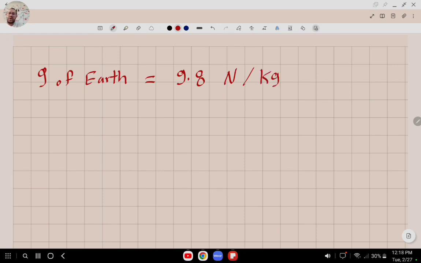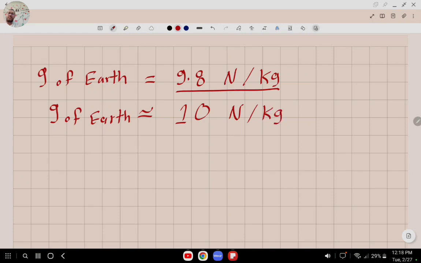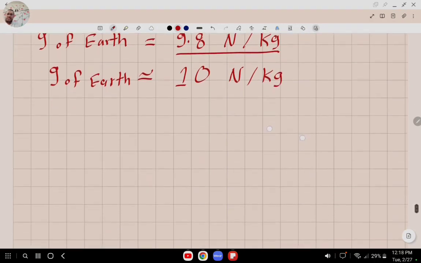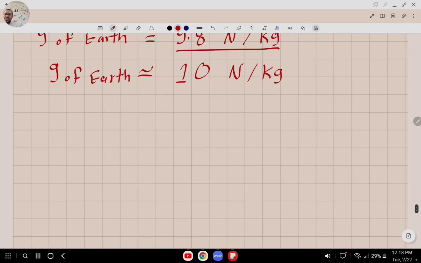The G of the Earth, or the acceleration of the Earth, equals 9.8 Newton per kilogram. You can consider it as 10 if this value is not given in the problem. You can consider G of Earth 10 newtons per kilogram.